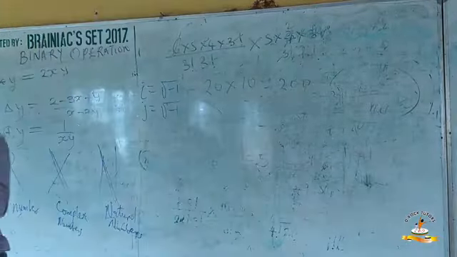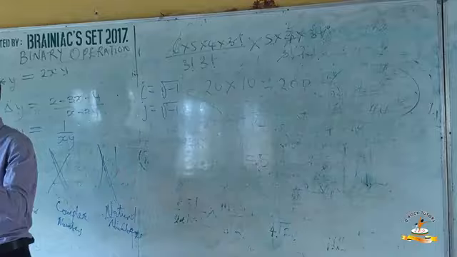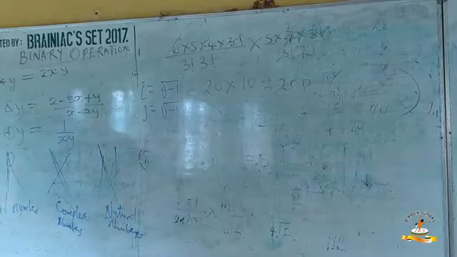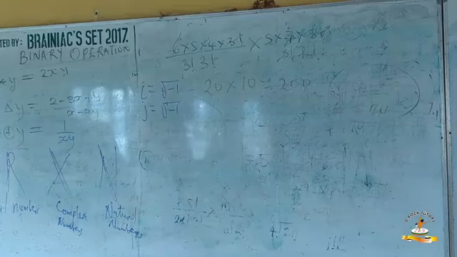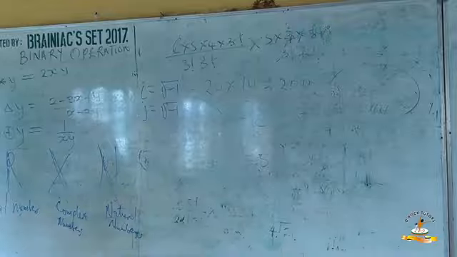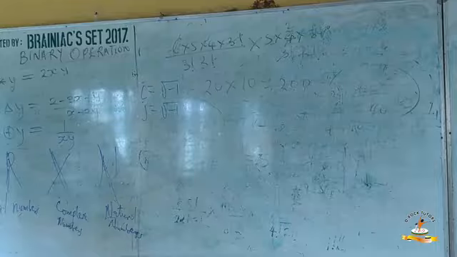Number 27 now. Which of these does not occur in mitosis? A, DNA replication. B, spindle fiber formation. C, nuclear envelope breakdown. And D, chromatid separation. You guys should be able to tell me that. Which of these things does not occur in mitosis?